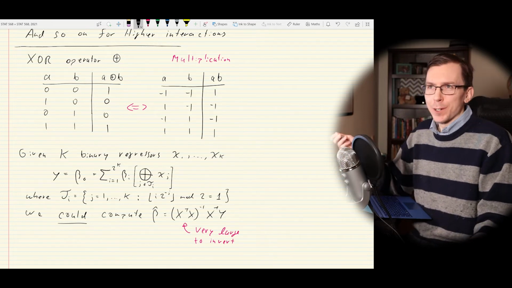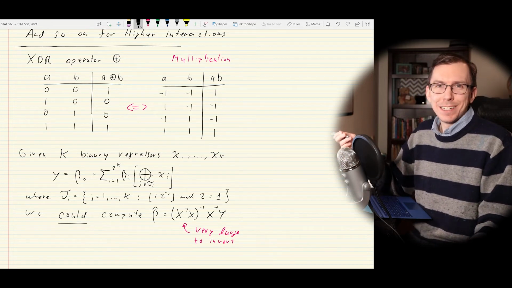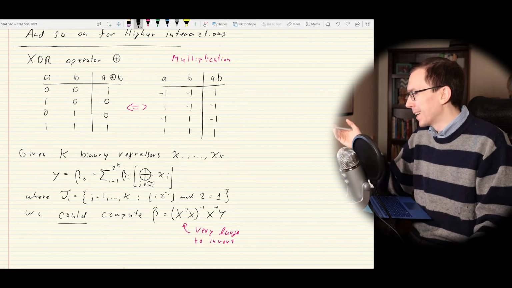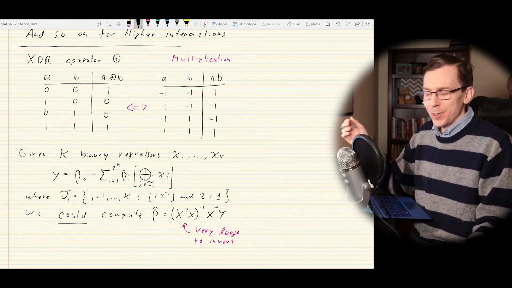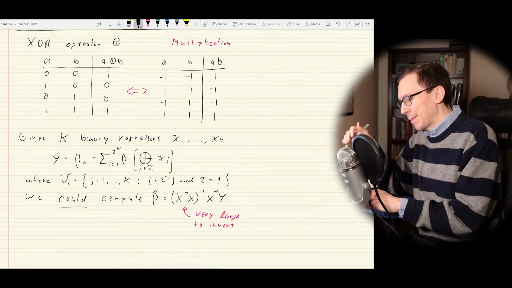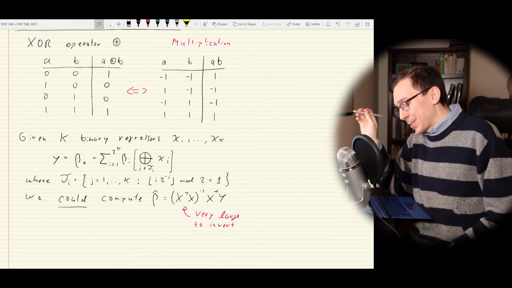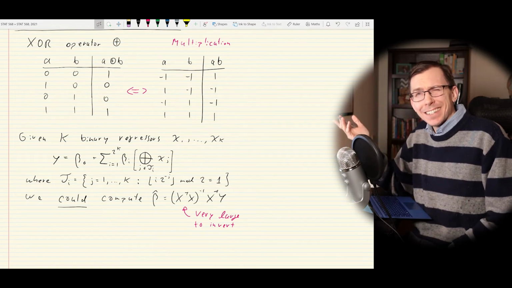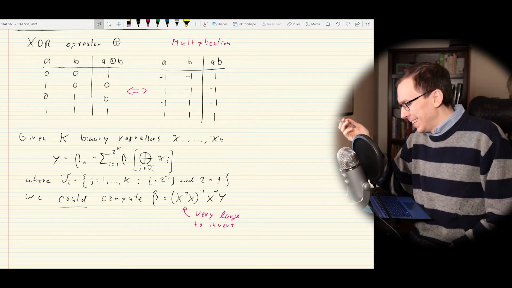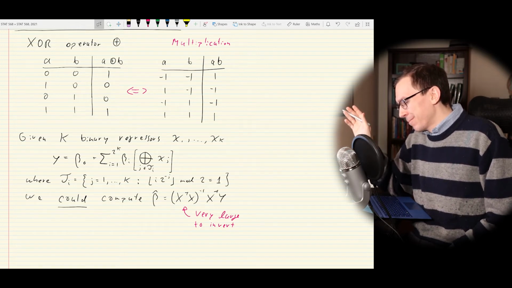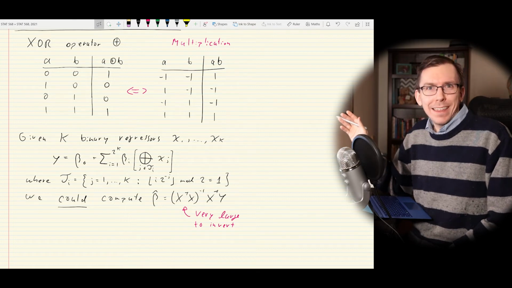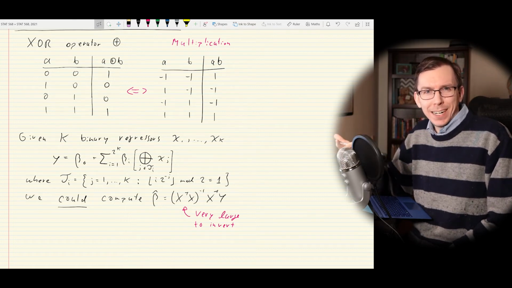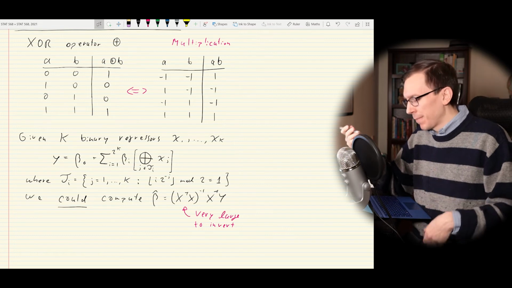I guess computers are pretty good these days. When this was developed, 50 to 100 years ago, when Fisher was doing it, in the 30s or 40s, I'd have to double check that, you might not want to invert a 1,000 by 1,000 matrix. Now, okay, your computer can do it.